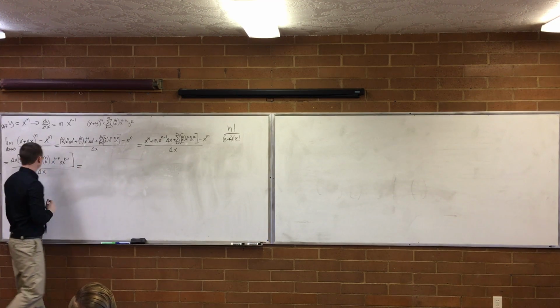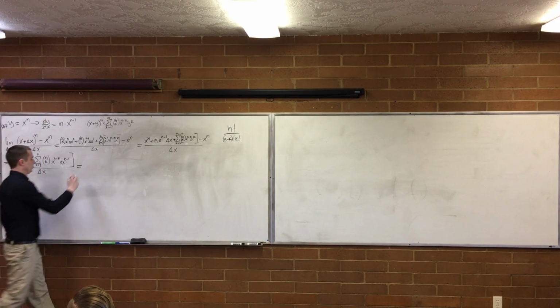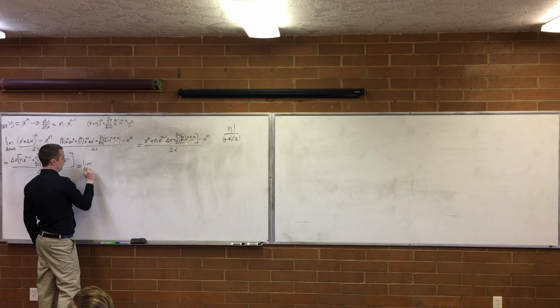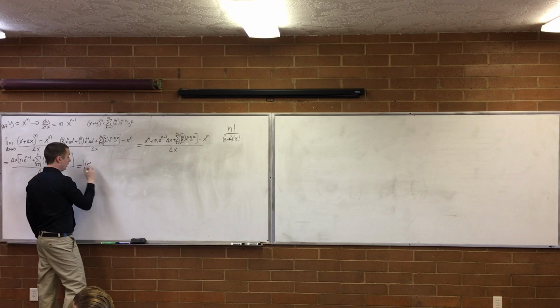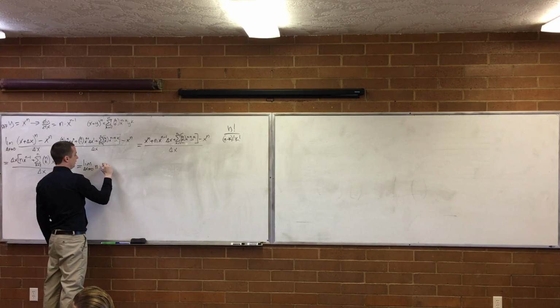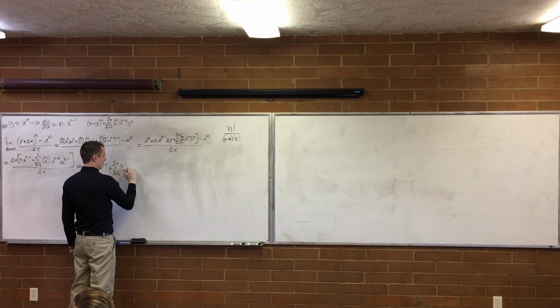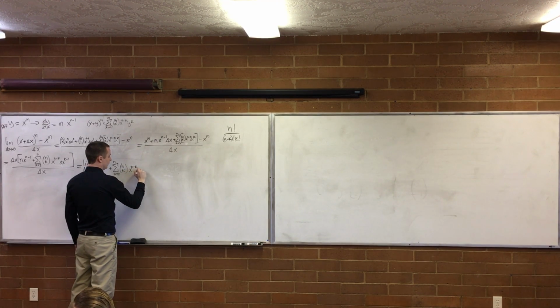So, this is equal to, and I've lost my limit along the way, but we were doing the limit the whole time, the limit as delta x goes to 0 of n x to the n minus 1 plus the sum from k equals 2 to n of n choose k x to the n minus k delta x to the k minus 1.